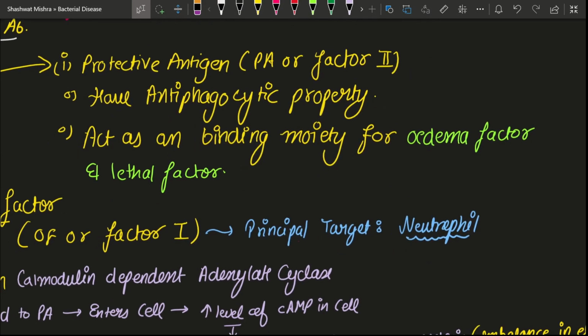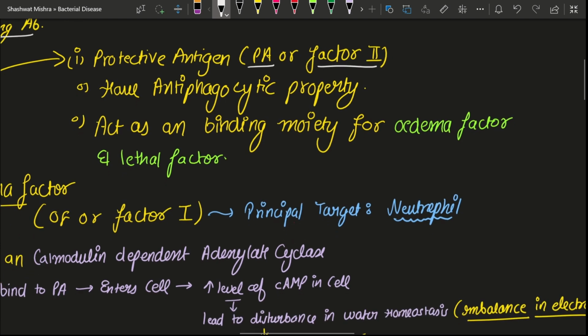Remember that all three complex toxin antigenic determinants have a factor number and a short name. The protective antigen is also designated as PA or factor number two.